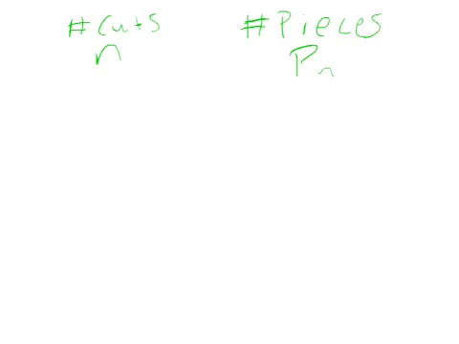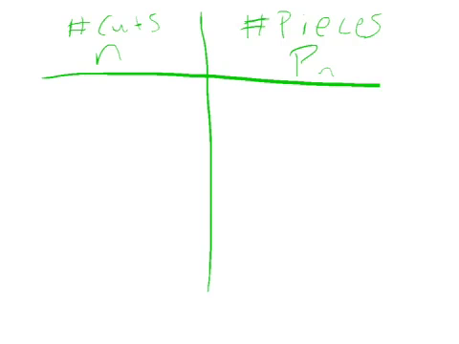Okay, so let's see what we figured out. We have n will be the number of cuts, and the number of pieces of cake we can get will be p sub n. Okay, so with 1 cut we got 2 pieces. 2 cuts we got 4 pieces. 3 cuts we made 7 pieces.